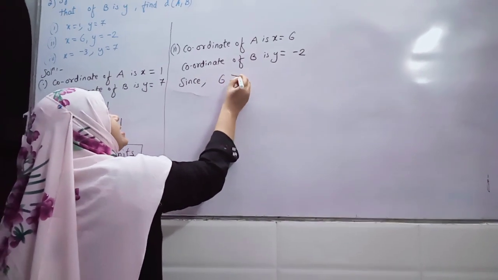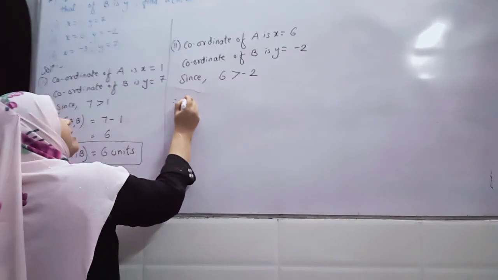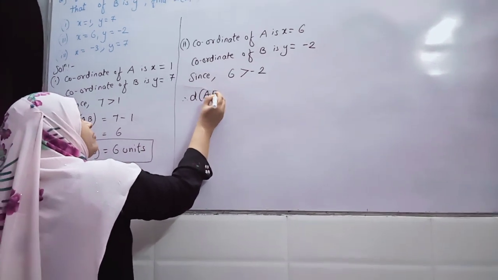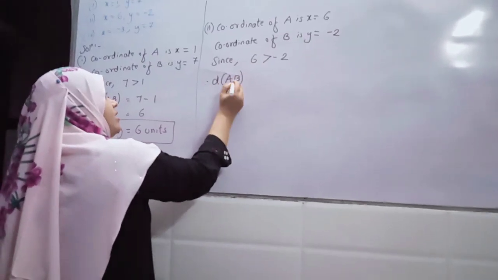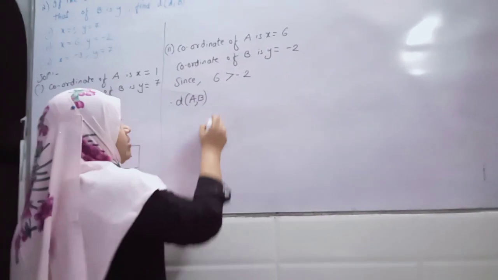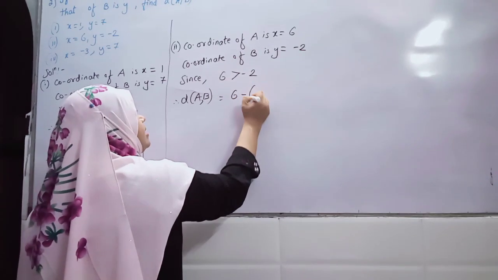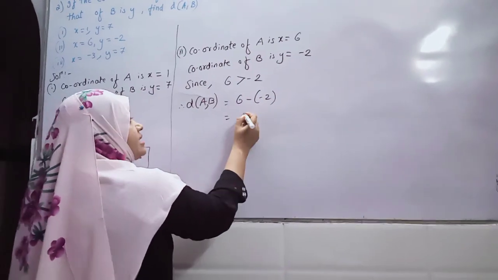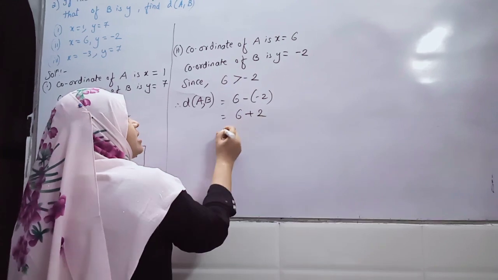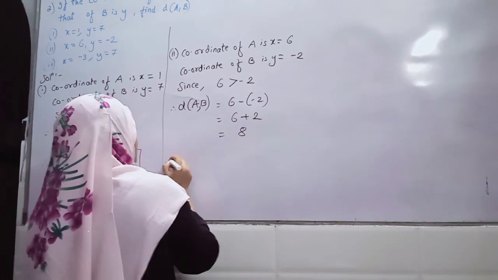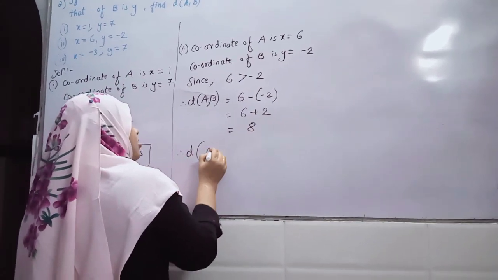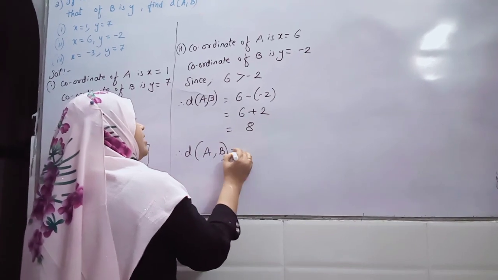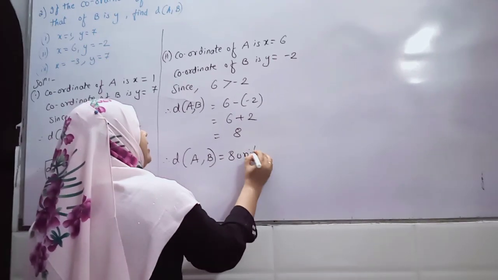Yes, 6 is bigger than -2, so the distance of A and B equals 6 minus -2, that is minus plus, so 6 plus 2 became 8. So the distance of A and B is equal to 8 units.